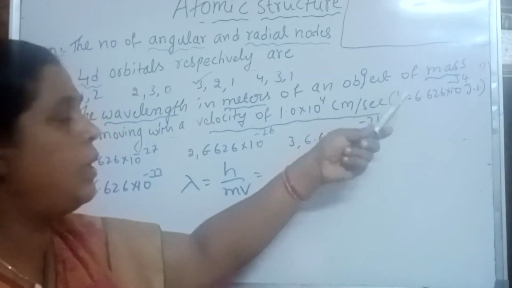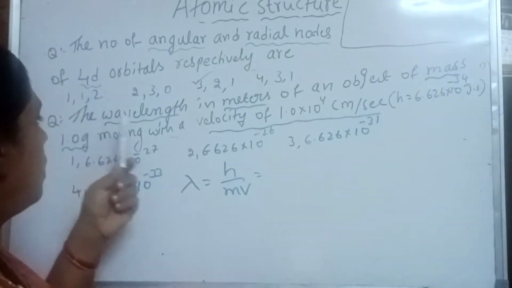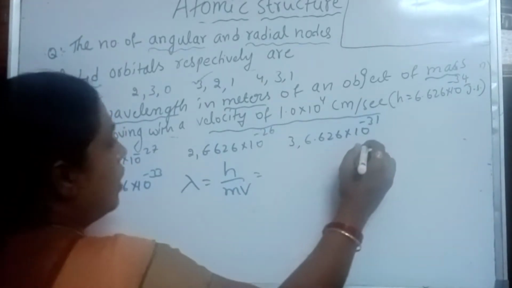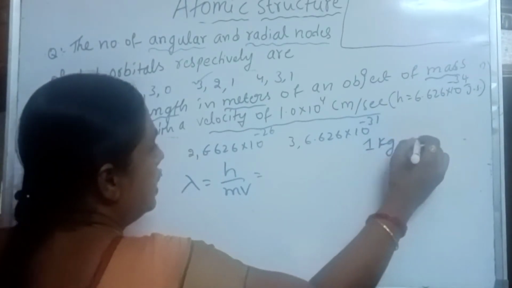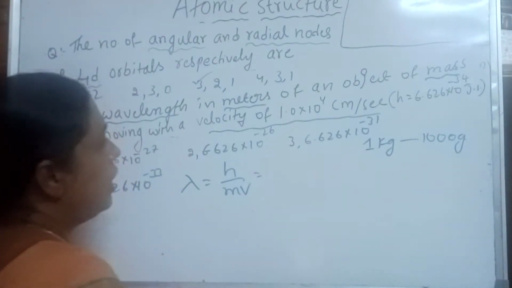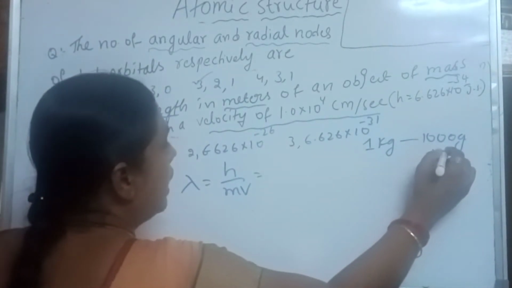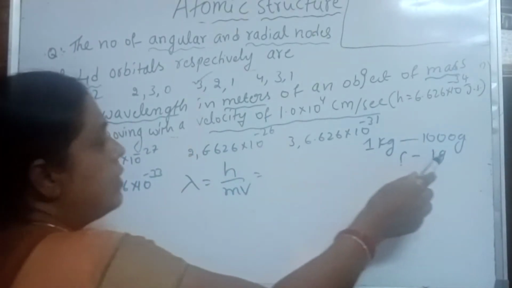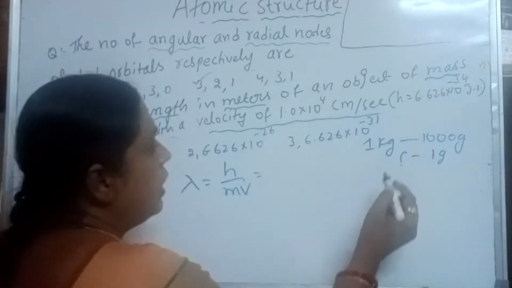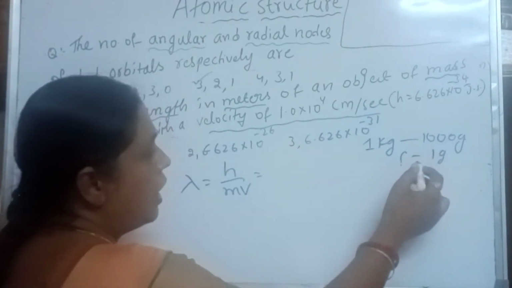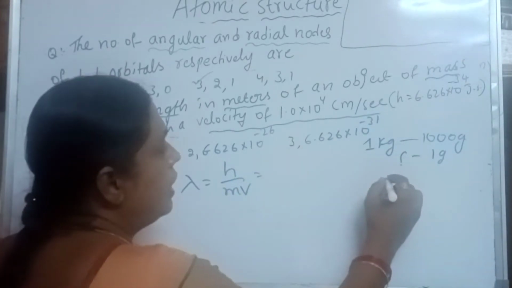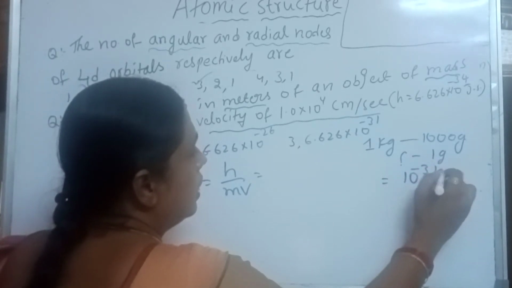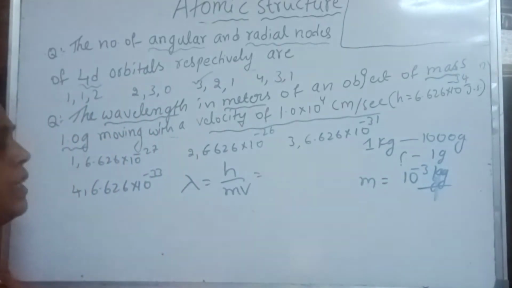So the mass must be converted into kg, because the wavelength has to be calculated in meters. 1 kg is equal to 1000 grams, so 1 gram is 1 by 1000, which is 10 to the power of minus 3 kg. The mass is 10 to the power of minus 3 kg.